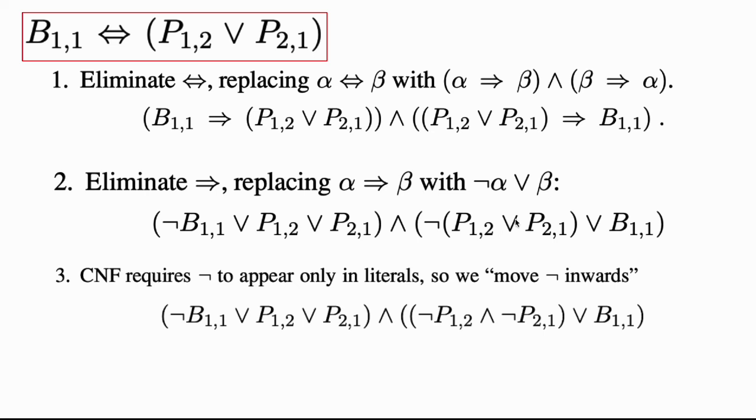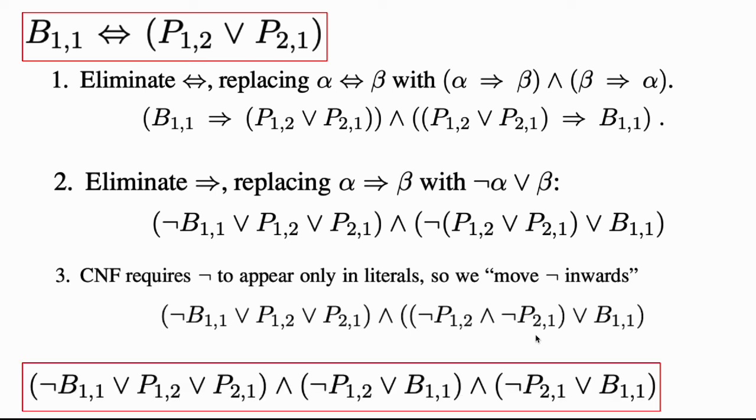So you need to move the not inwards. When you do that, the or operator becomes an and operator. So you have not P12 and not P21. The last thing is that you need to open this up, because in CNF your AND operator cannot appear in a composite clause.